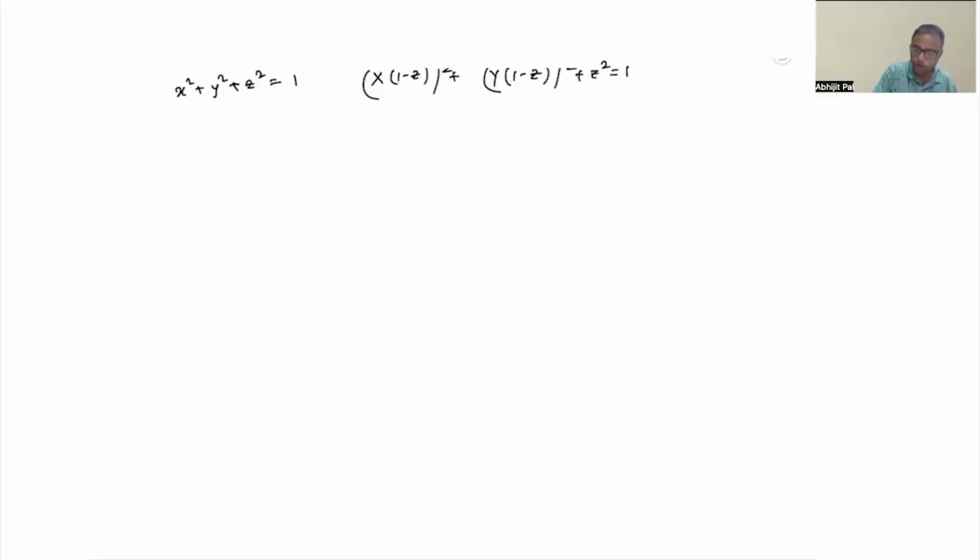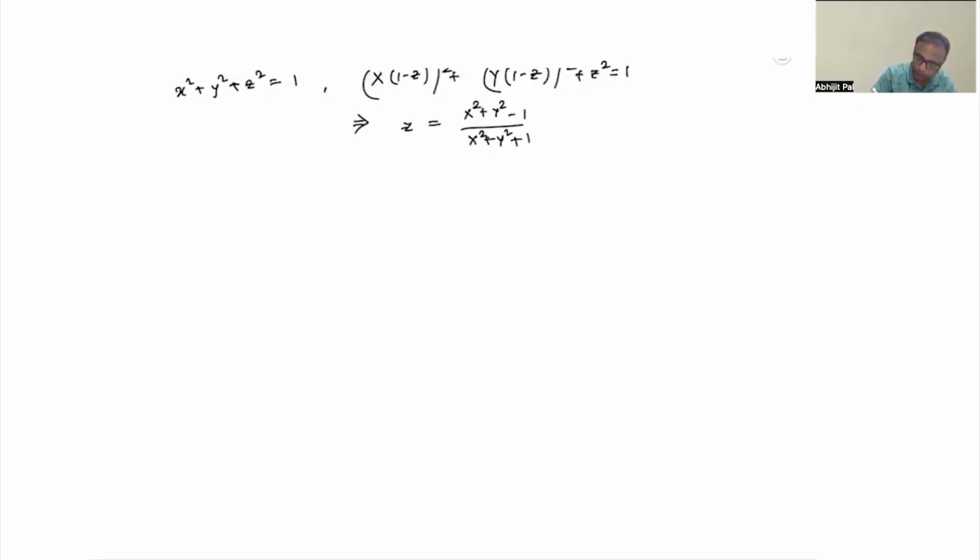Okay, so from here you'll get a quadratic equation in z. You can solve that, and because z is not equal to 1, what you'll get is z equal to (X square plus Y square minus 1) divided by (X square plus Y square plus 1).